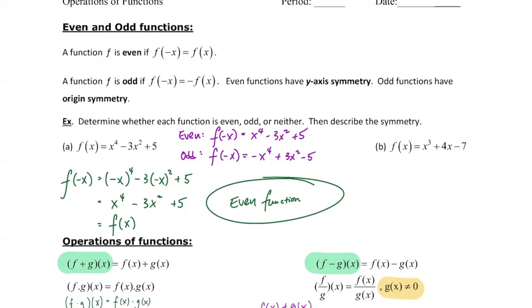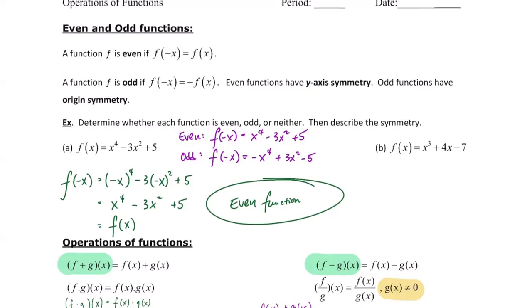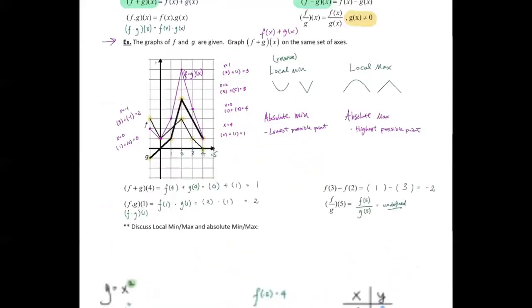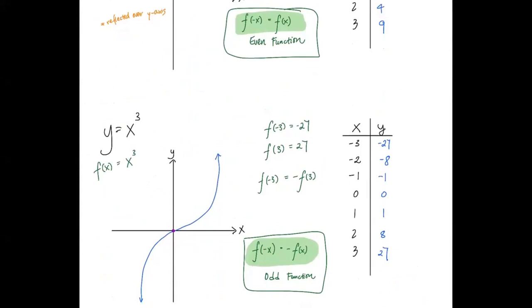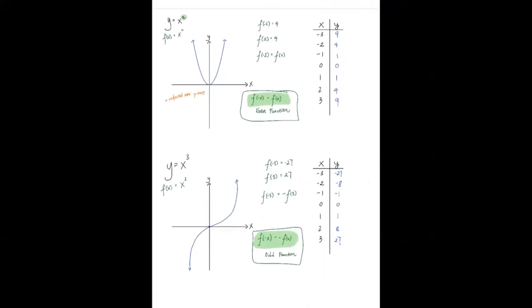I hope you understand what is an odd function and what is an even function, and that these two notations are not some strange, weird mathematical notation that you have no idea about. If you ever get confused, make sure you use these two examples to get your memory back, so that you will totally understand what's going on for an even function and for an odd function. All right, we'll go to the next lesson soon.